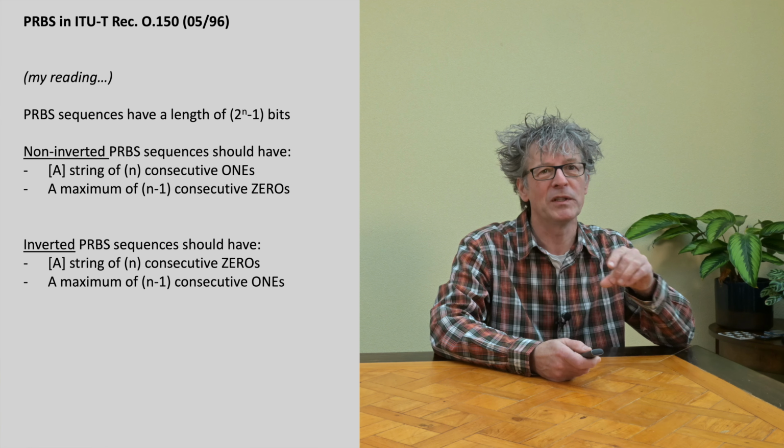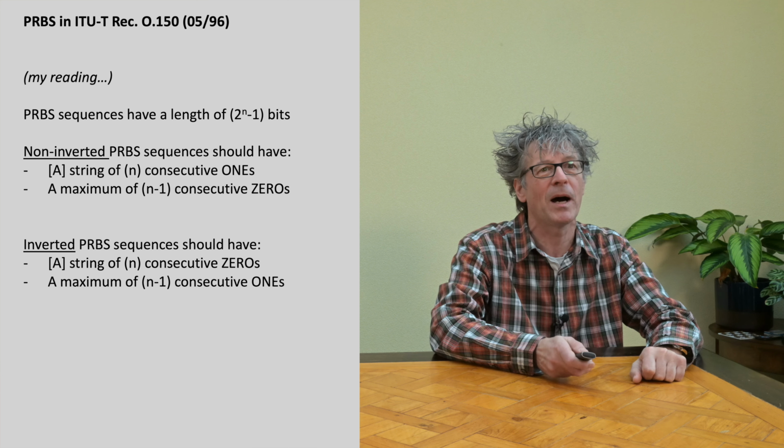Unfortunately, I don't think it is very well written. I've tried, as honestly as possible, to make my own reading of the requirements of the standard. What I can find as hard requirements is that we need a length of 2 to the power of n minus 1. I think we all know about that.